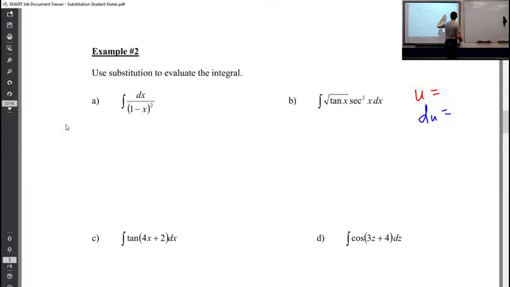And so I will tell you, hopefully some of you might have spotted it, but u here is going to be tangent of x. Two clues that that's going to be u. Clue number one, tangent is inside of another function.